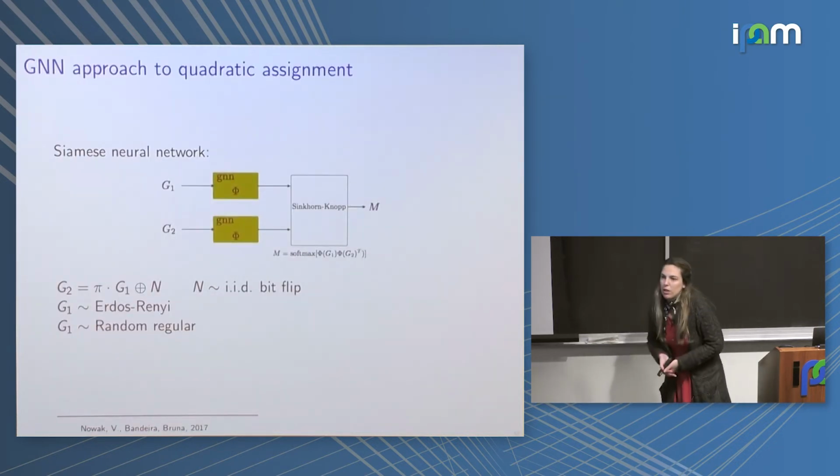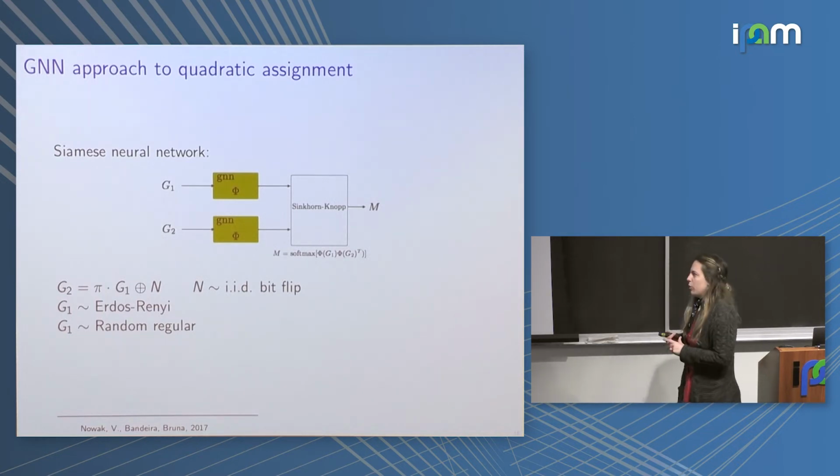The graph neural network approach to this problem would be to train a graph neural network to find an embedding from your graph to some vector in R^n.